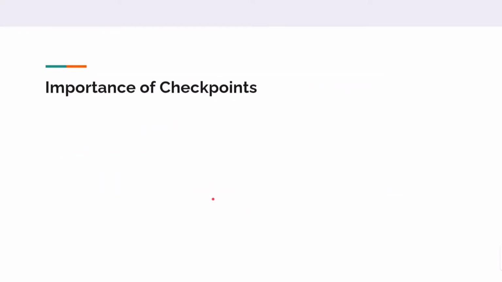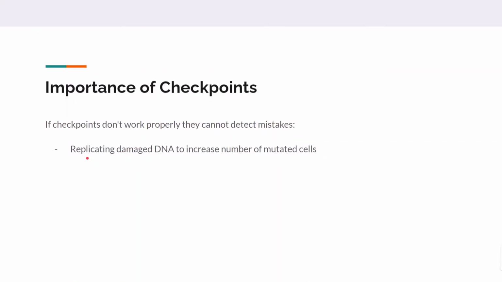Well, the importance of checkpoints. If the checkpoints don't work properly, they cannot detect mistakes. And this is very important because if they cannot detect that some DNA is damaged, they'll go on to replicate this damaged DNA, and this will increase the number of mutated cells.